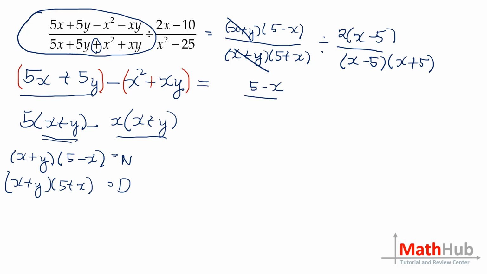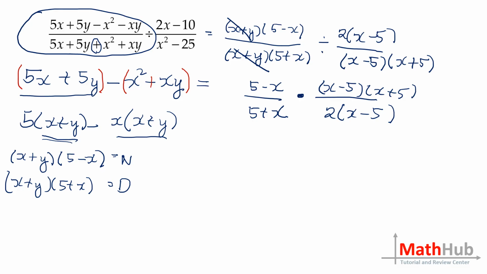Then we have 5 minus x over 5 plus x, and then division becomes multiplication, and then get the reciprocal, x minus 5 over 2 times x minus 5. Wait, the reciprocal is (x minus 5)(x plus 5) over 2. So we can now cancel x minus 5 and x minus 5. 5 plus x is the same as x plus 5. So our answer is 5 minus x over 2.